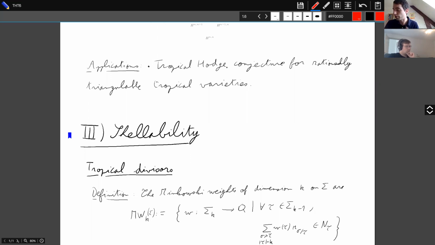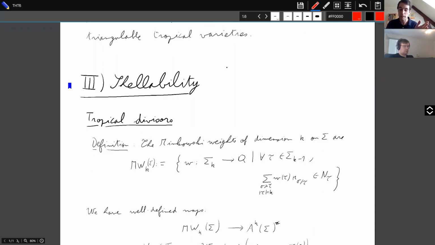And so I stated a theorem which says that every scalable quasi-projective fan is scalar. So let me define what scalability is. More or less the idea is that in the previous results about smoothness, we wanted to prove that some fans are smooth or some fans are scalar.